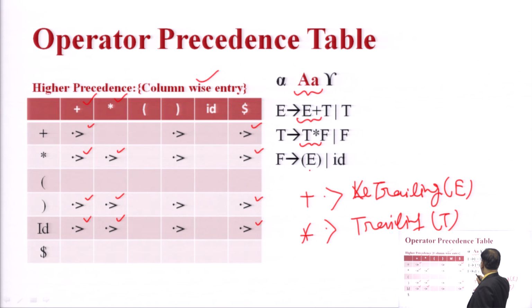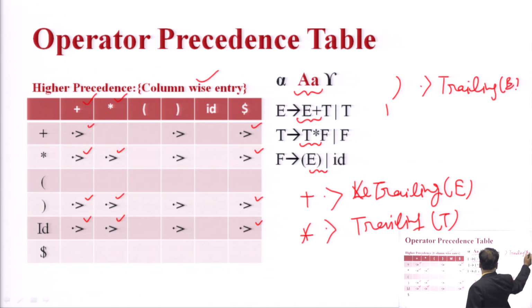Similarly, opening bracket E followed by closing bracket, that means closing bracket has higher precedence with the trailing of E, right.